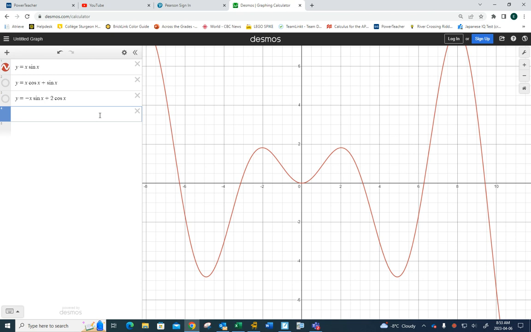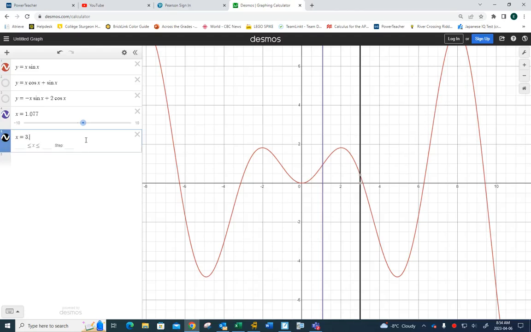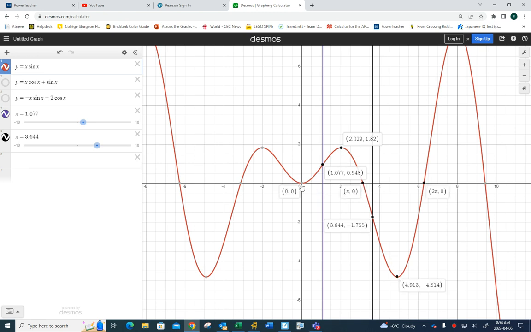Now this is where I'm not as familiar with Desmos, but I would probably type it in, and there would be my final graph from 0 to 2 pi.